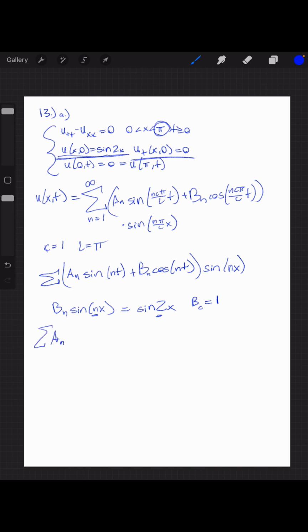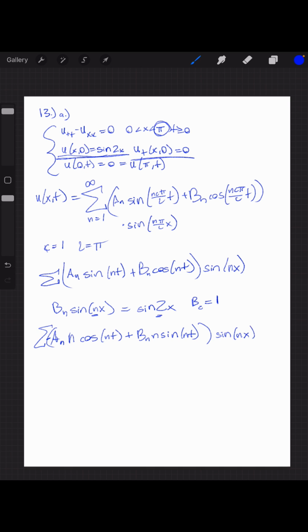If we're deriving with respect to t, that'll be cosine of nt, plus b_n, and that's going to be negative n sine of nt. Now, the outside does not really get affected because it is a function of x, so it'll still be sine nx.